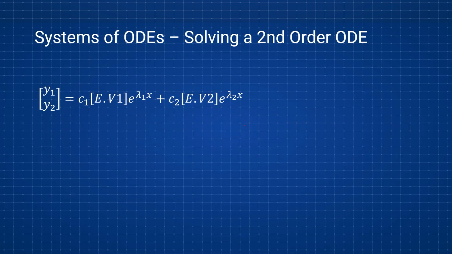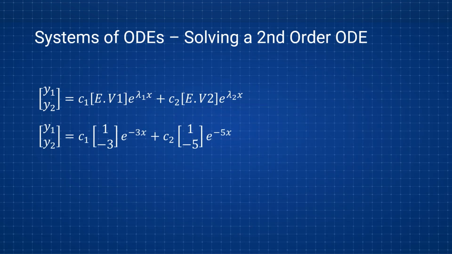If we substitute everything that we found together, you can see this is the value now. We have y1, y2 equal to C1 times 1 and -3 times e to the -3x, plus C2 times 1 and -5 times e to the -5x. And this is basically my general solution.